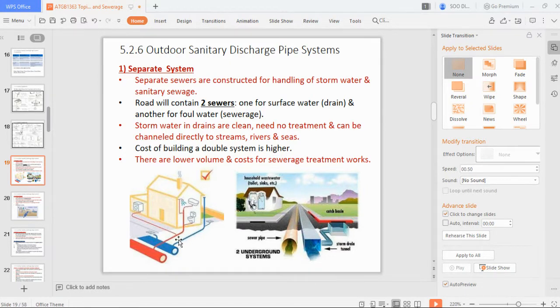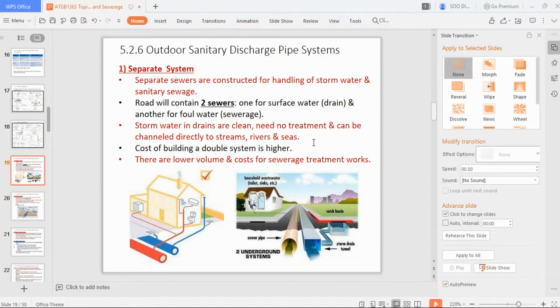All your stormwater, instead of being directed into a single pipe, we are actually separating it into two pipes, one for stormwater, which is rainwater, and another one for our human waste. So the road will contain two sewers, one for surface water and another for foul water.